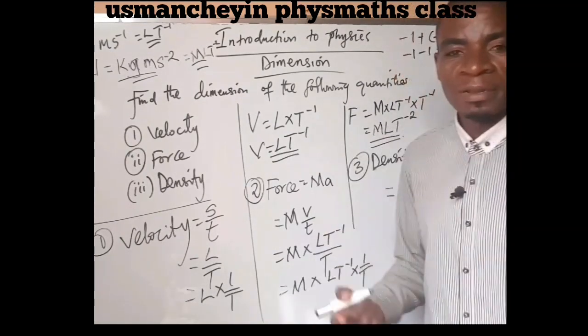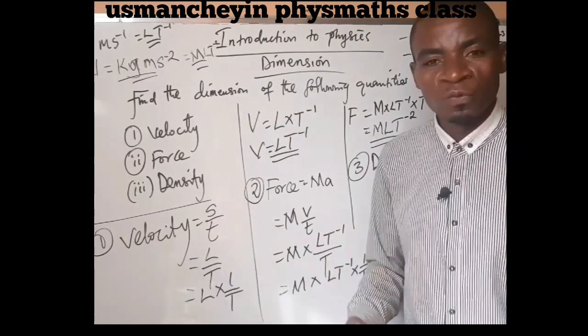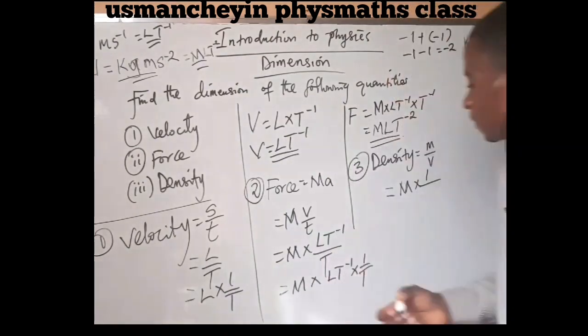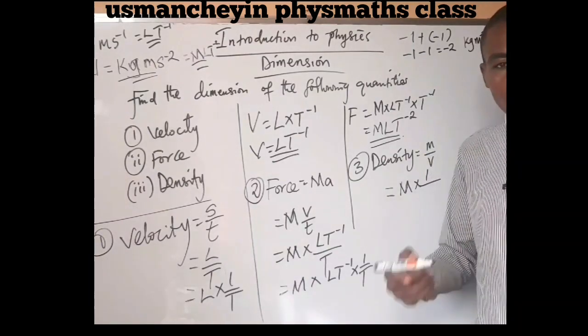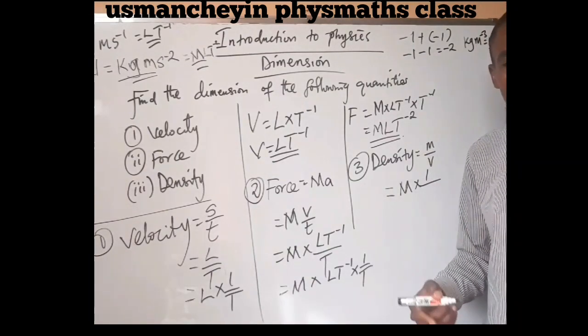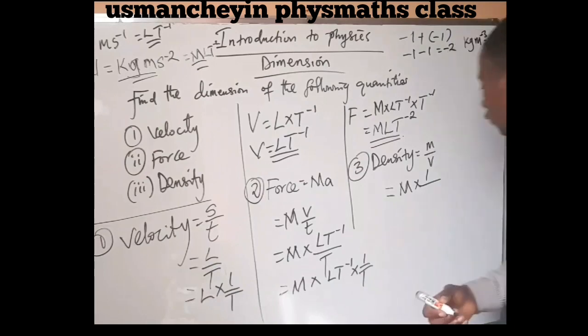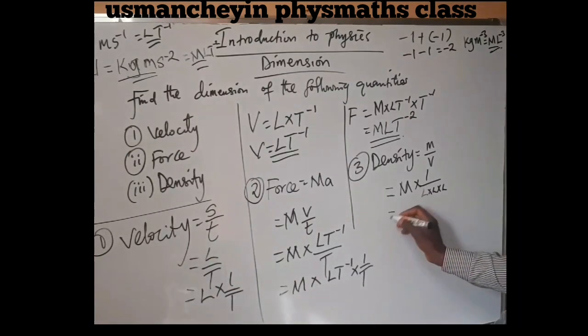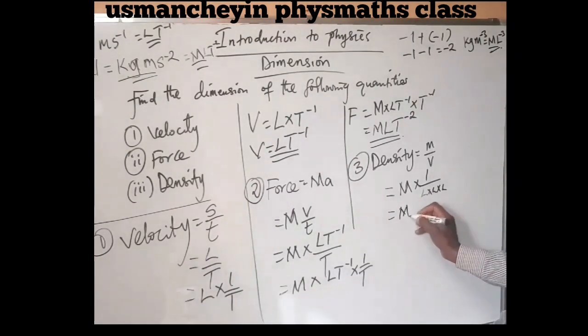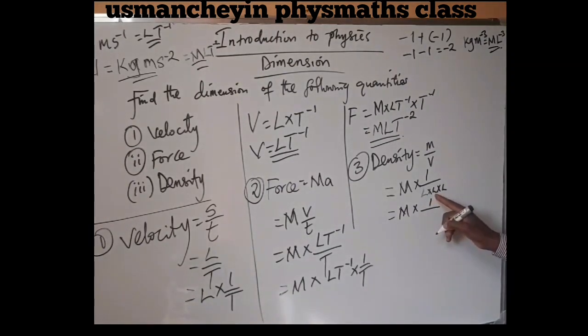The dimension of length is L, the dimension of breadth is L, the dimension of height is L. So we're going to have L times L times L. So we'll say M times 1 all over L times L, which is L square, times L will be L cubed. So we have L raised to the power 3.